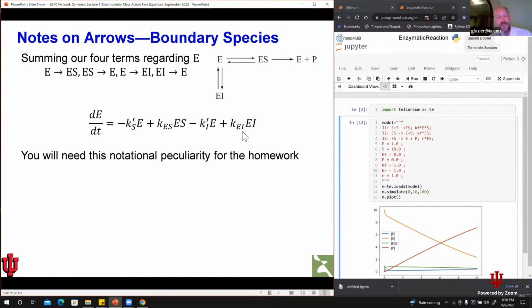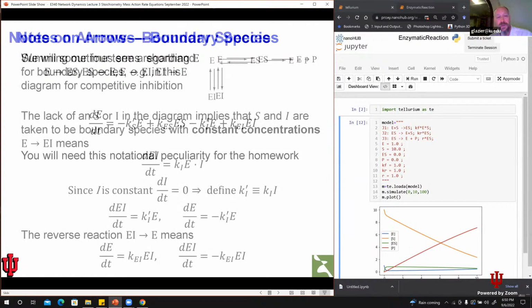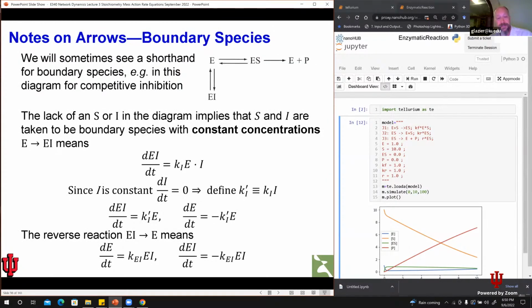And this is a notational peculiarity that you'll run into in the homework. It's one of those things that we have to get used to, because that's how the world does it. Notice that I've defined a new rate constant, Ki prime, which is Ki times I. Notice the units are different.